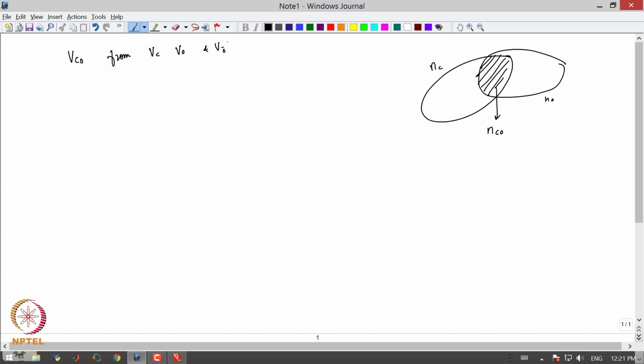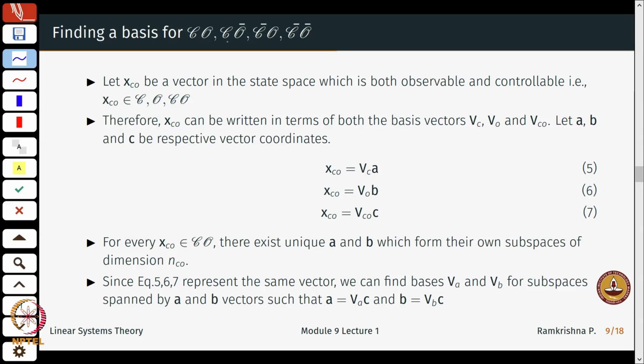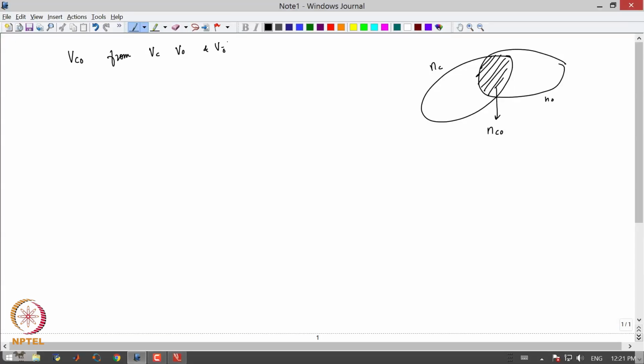Okay, now for some vector which comes from... so this vector xc naught is fully within the controllable and observable subspaces.